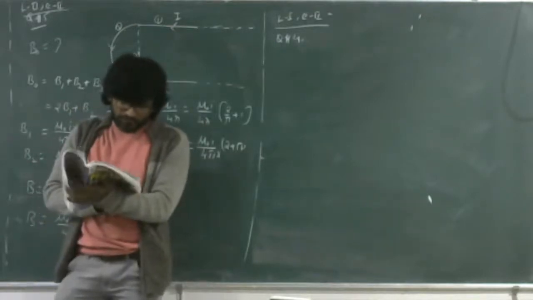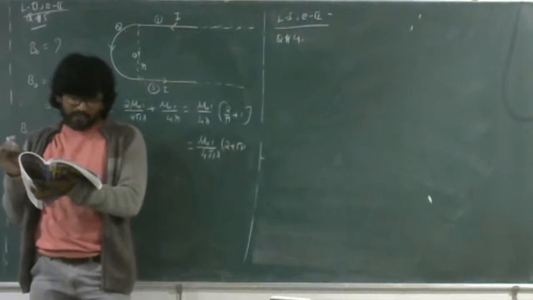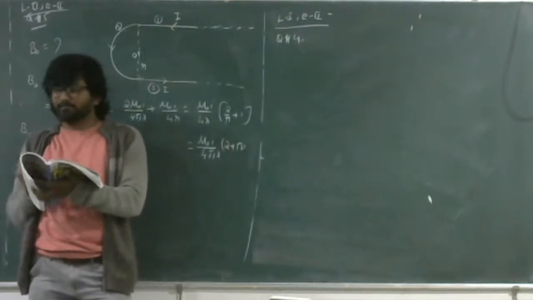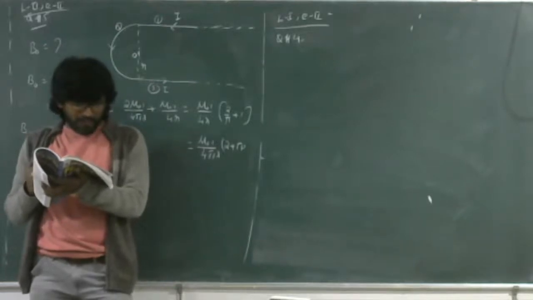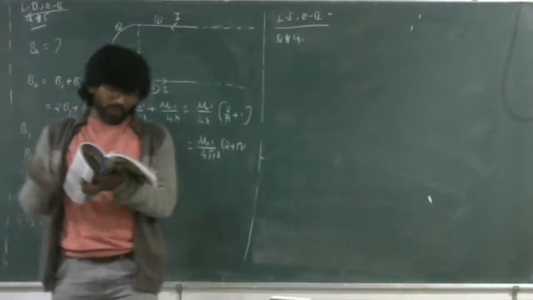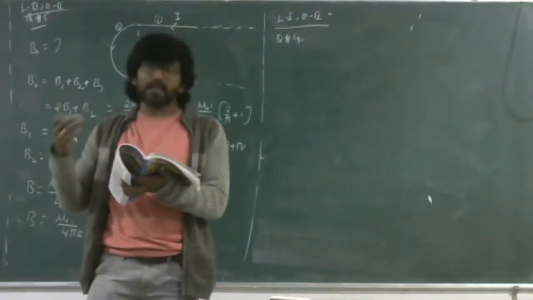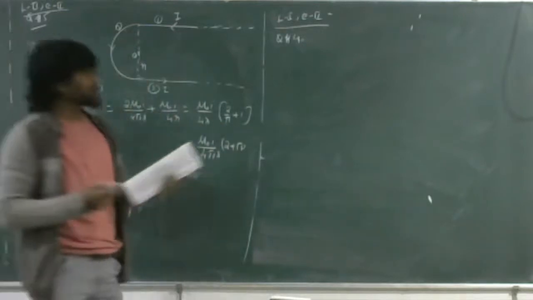The question is, a long straight wire carries an electric current of 2 ampere. The magnetic induction at a perpendicular distance of 5 meters from the wire is to be found, given mu naught equal to 4 pi into 10 to the power minus 7 henry per meter. Do this, everyone. It's a direct question.